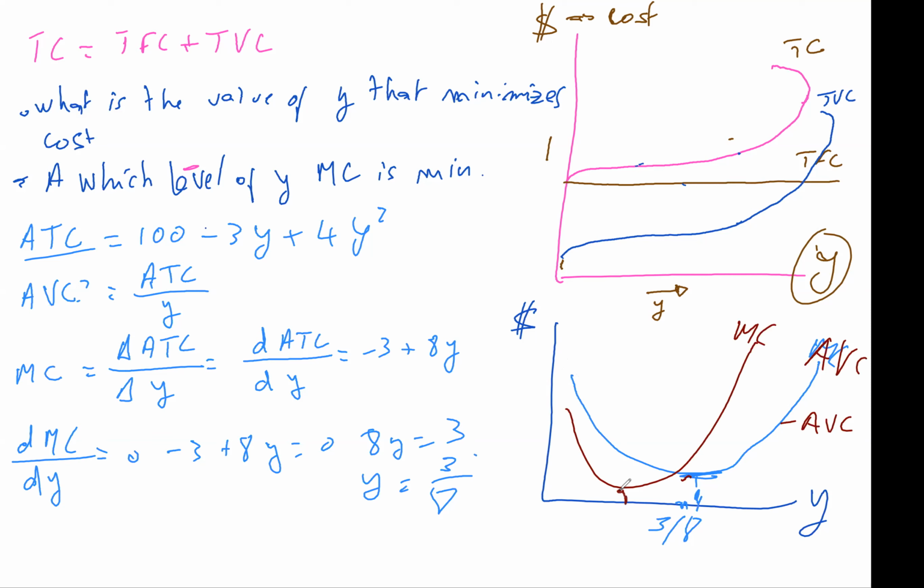So marginal cost will be at the minimum here, the average variable cost will be at the minimum here, right? And the same thing, if I'm looking for the point at which my average variable cost is minimum, I take the average variable cost, which is minus 3 plus 4y, and that's going to be equal to 3 divided by 4.